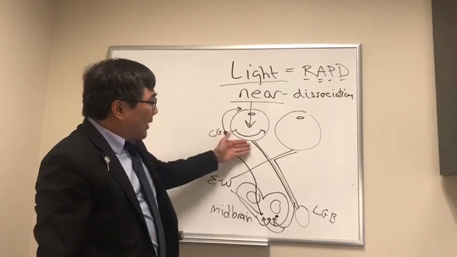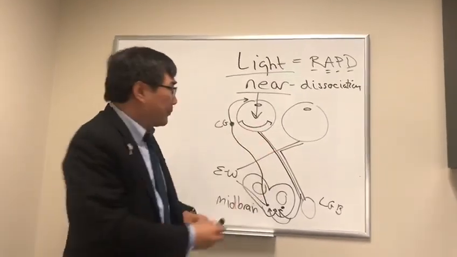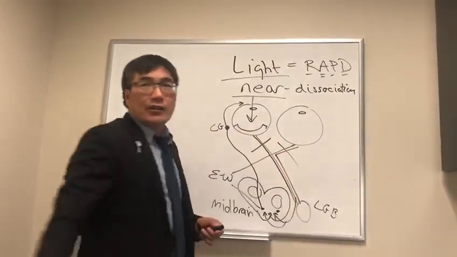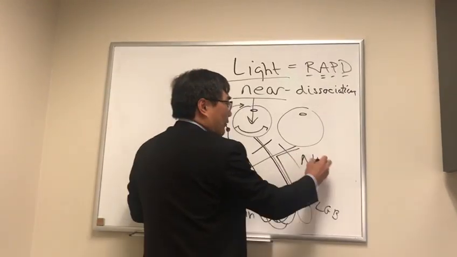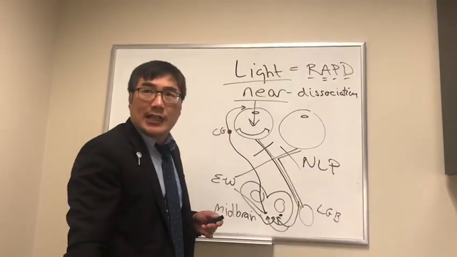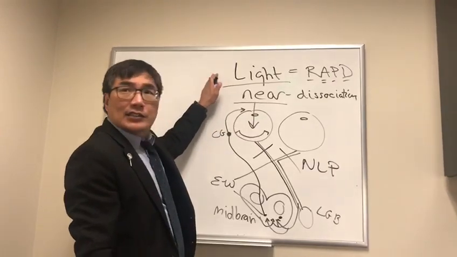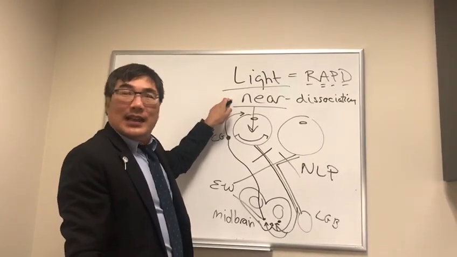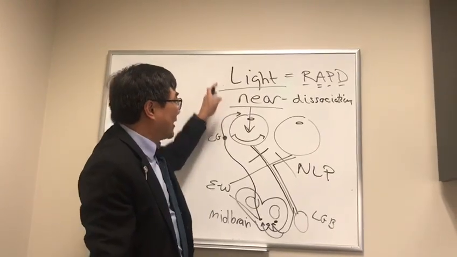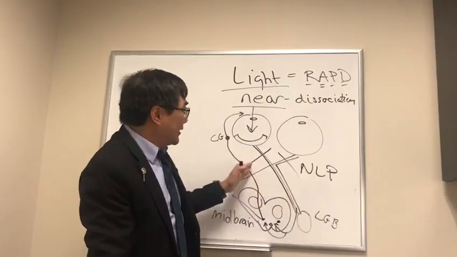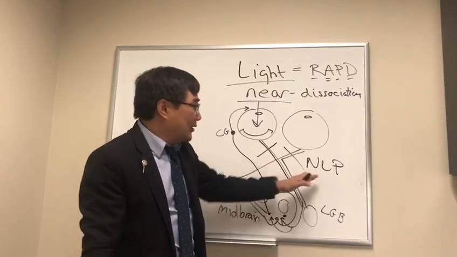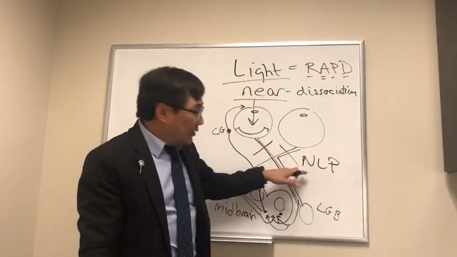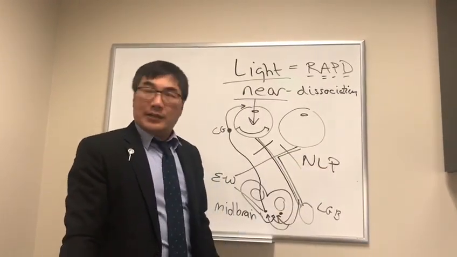So in patients who have bilateral afferent disease, because they are no light perception, because they have bilateral optic atrophy or bilateral retinal detachments, even though their light reaction is poor, we can still test their near reaction. And if the near reaction is good, that is light near dissociation. And in this example, the light near dissociation is caused by afferent disease, no light perception vision in both eyes.